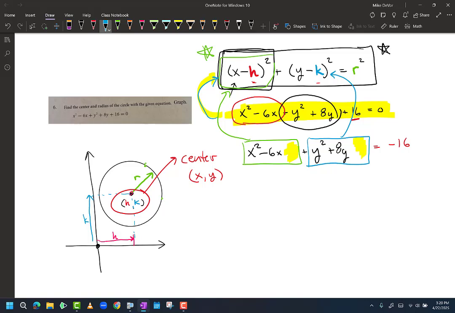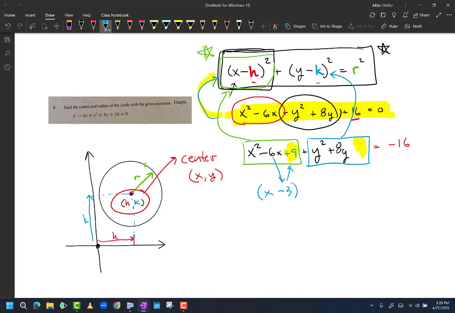If you learned how to complete the square, I hope you've learned that in class, it would end up being x minus 3. You take that, cut it in half, and when we square that negative 3, we get plus 9.